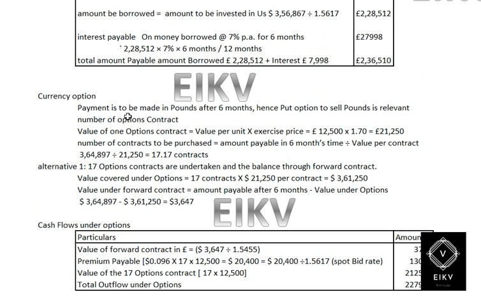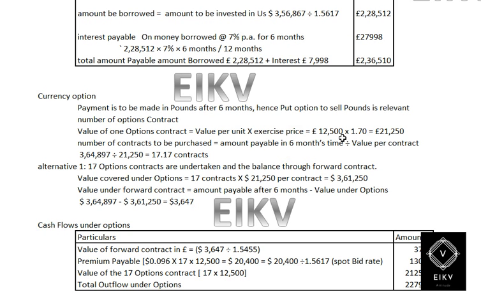Now we are going for currency option. For currency option, payment is to be made in dollars after 6 months, and it's a put option to sell pounds in the relevant number of option contracts. The value of one option contract equals value per unit into exercise price.